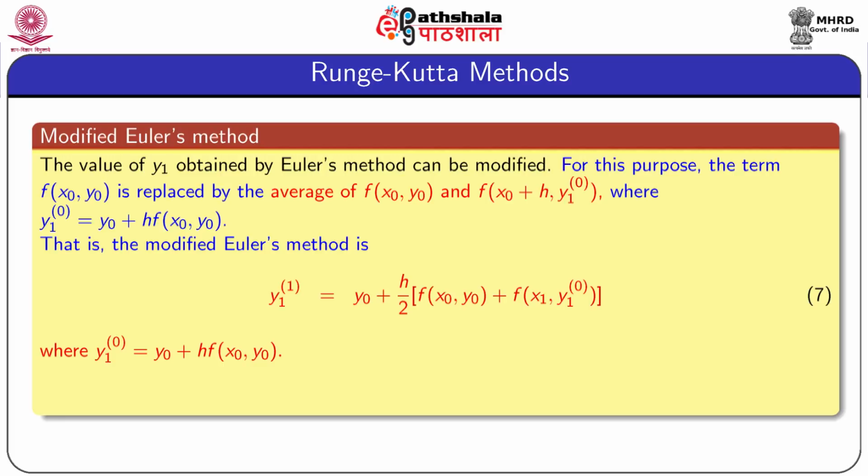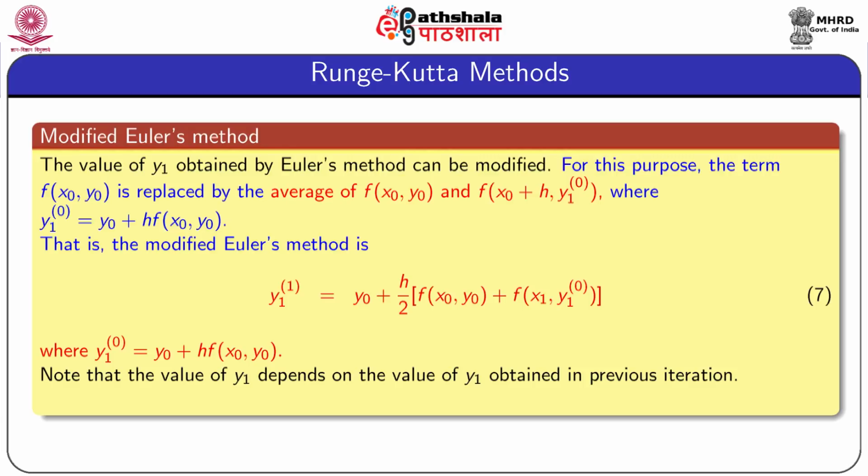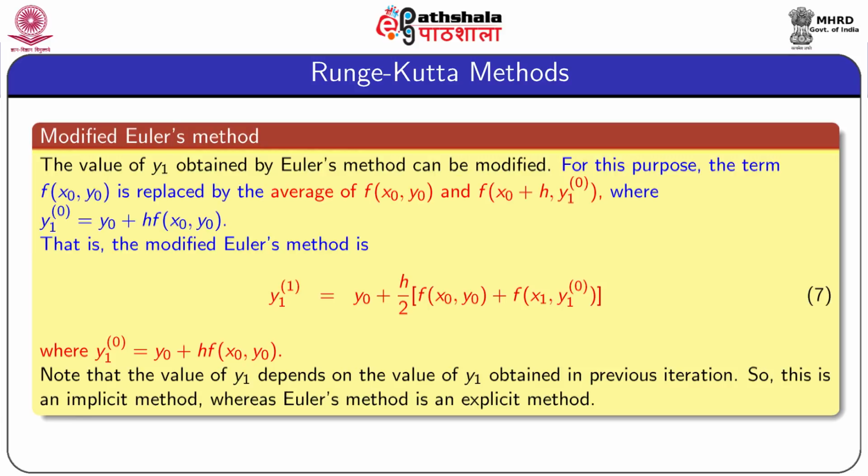This is the Euler's method, and equation 7 is the modified Euler's method. Note that the value of y1 depends on the value of y1 in the previous iteration. That means the modified Euler's method is an implicit method, but the Euler's method is an explicit method.